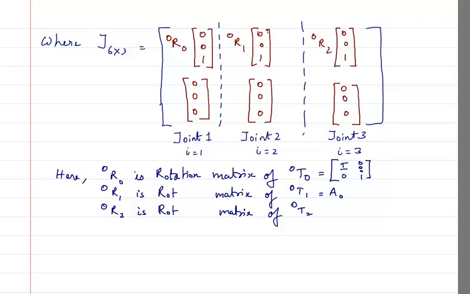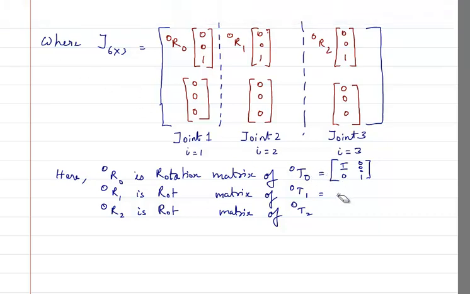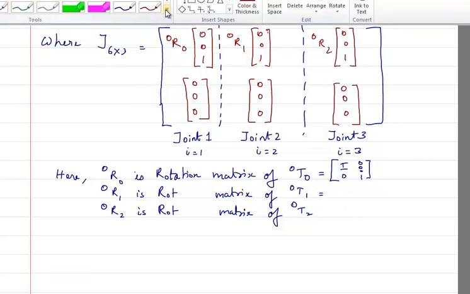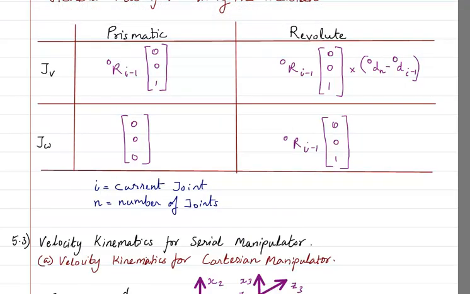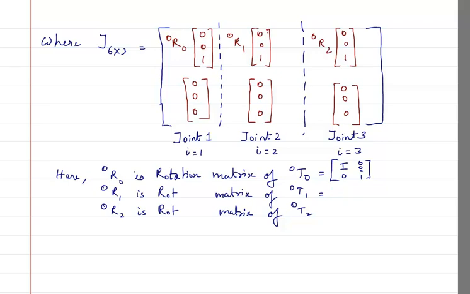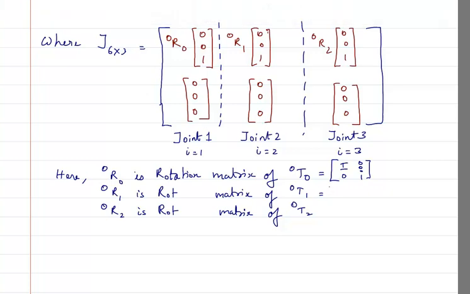It used to be a1, so I will correct it. 0 T1 is just the first one, so it is going to be just a1. Similarly, 0 T2 will be a1 into a2.